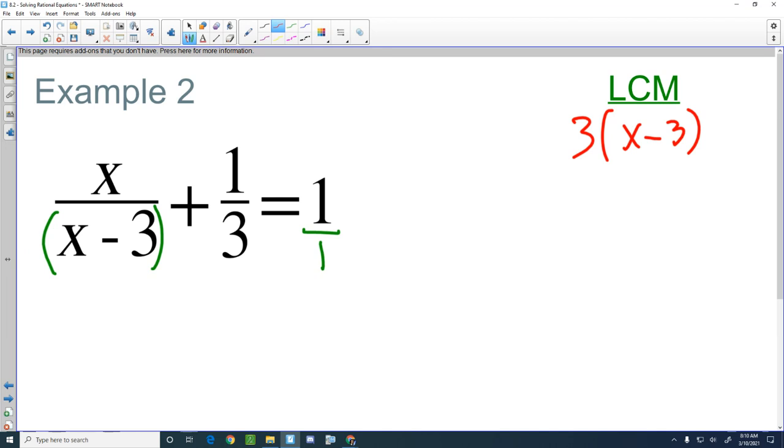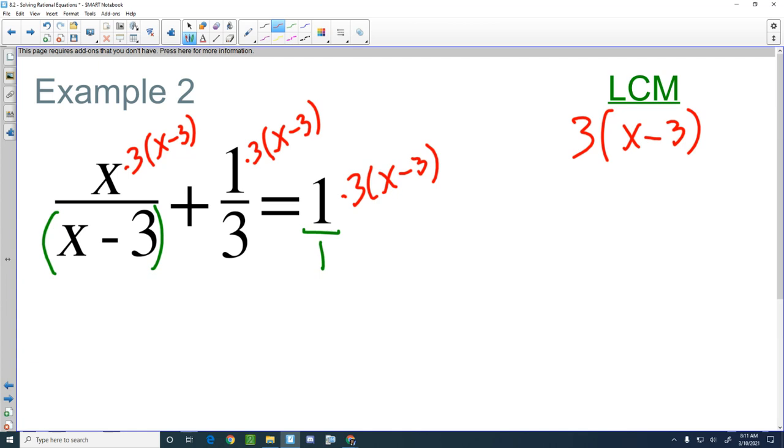In this case, it's pretty easy to see what the LCM is going to be. It's each of those two pieces, the x minus 3 and the 3. So I can just multiply each numerator by 3 parentheses x minus 3. This gets multiplied by 3 parentheses x minus 3. And this gets multiplied by 3 parentheses x minus 3.